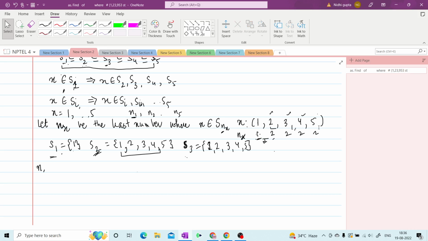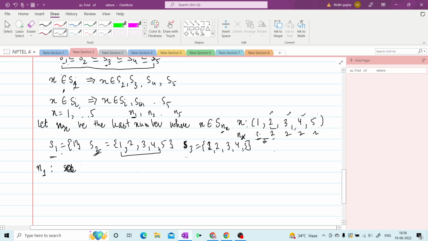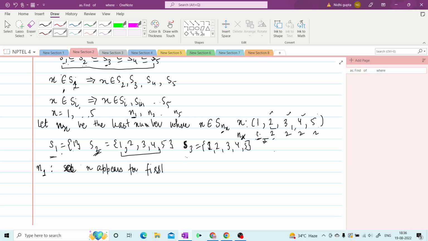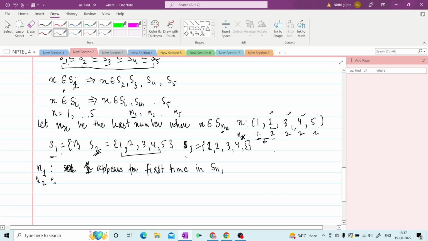So I'm saying n1 is the number such that 1 appears for the first time in Sn1. n2 is where 2 appears for the first time in Sn2.